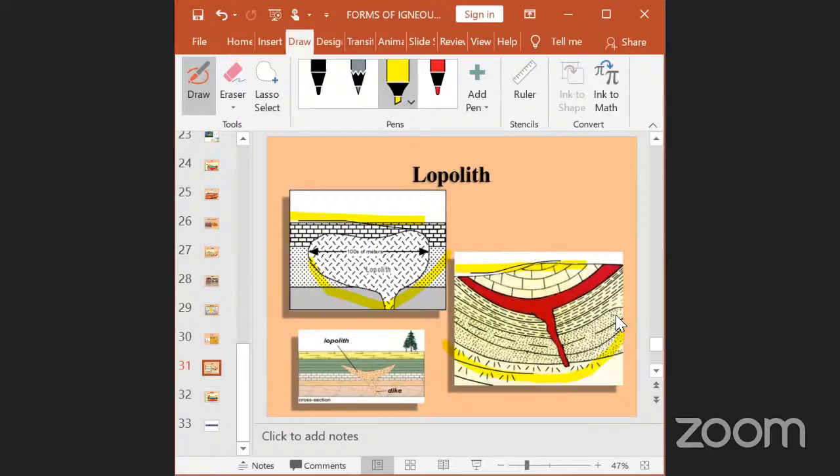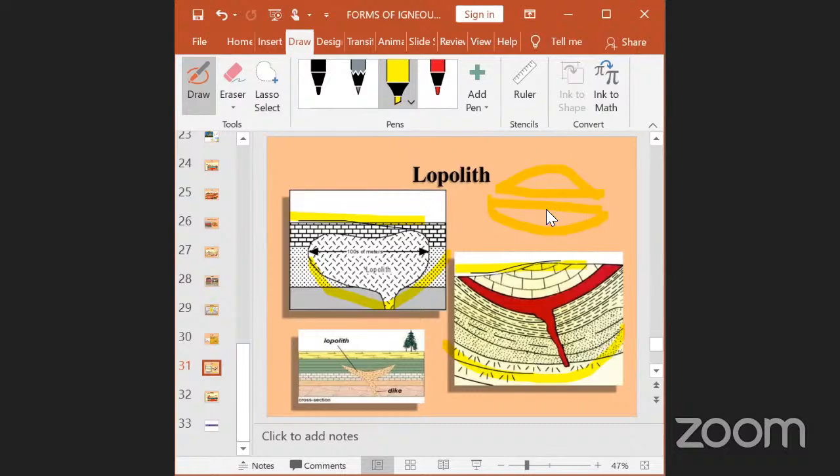So in a way, it is just the reverse of the laccolith shape. The laccolith is dome shaped, with a dome at the center, and this is the opposite shape.